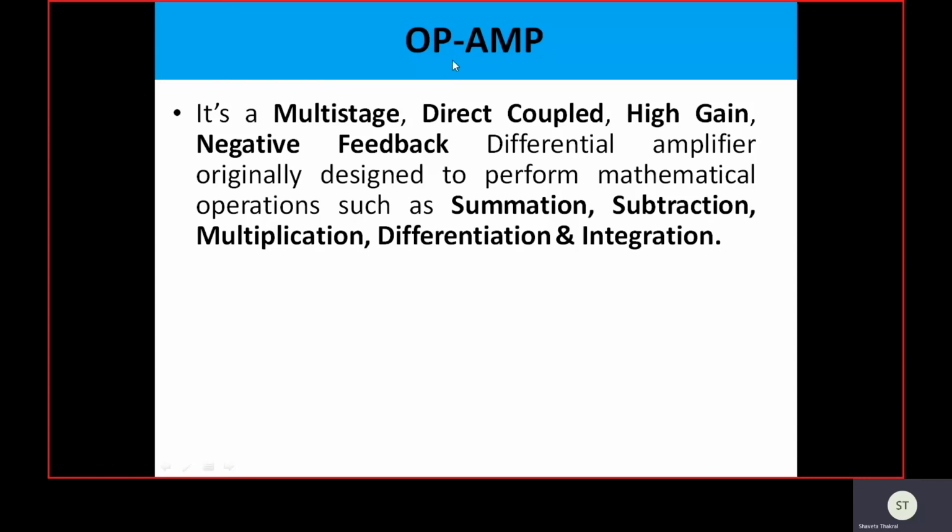And why is this called an operational amplifier? Because originally when it was discovered, it was designed to perform certain mathematical operations such as addition, subtraction, multiplication, differentiation and integration.